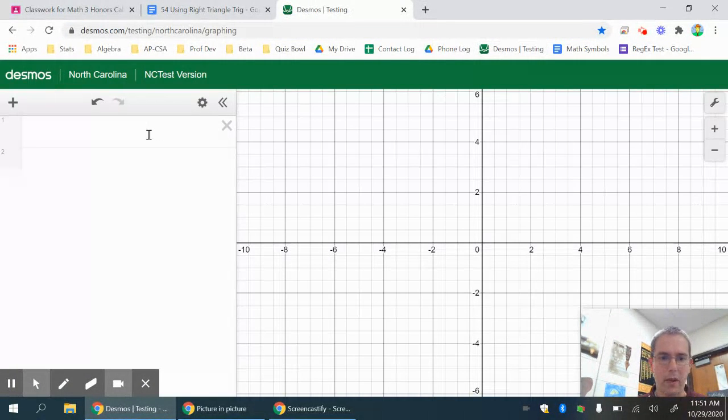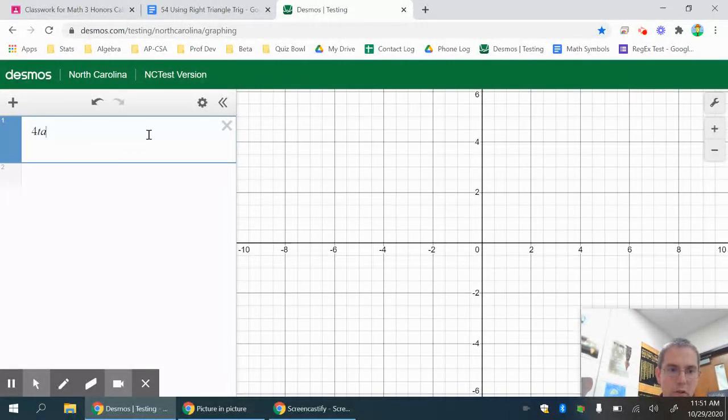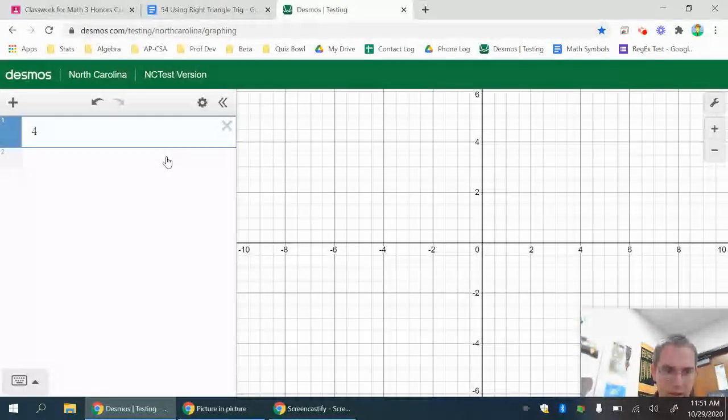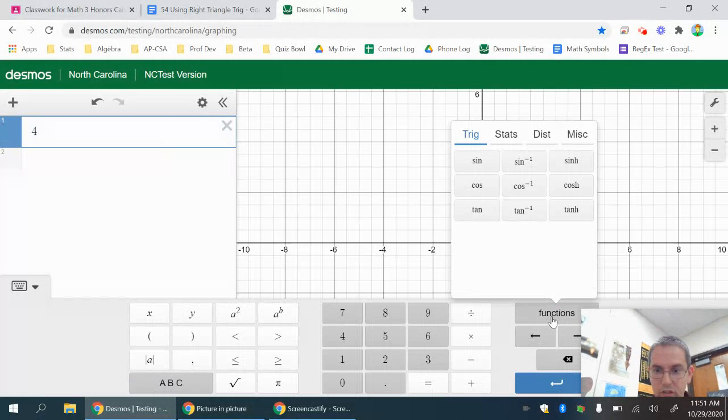And when I'm in Desmos, I'm going to do just 4 and then tan of 53 degrees. And that will get it for you. If you are using a device where you don't have a keyboard, I can do 4, and then I can pull up my keypad, go to functions, and the first thing that pops up usually is trig.